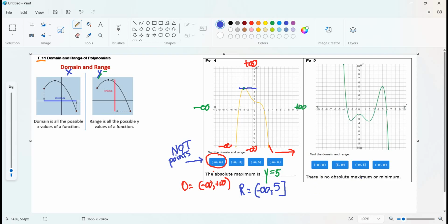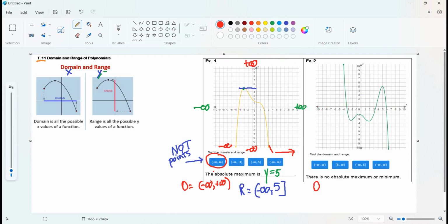So if we look at this graph over here, we want to find the domain and the range. The domain is all of the x values. As this increases up this way, these x values are going to continue out.